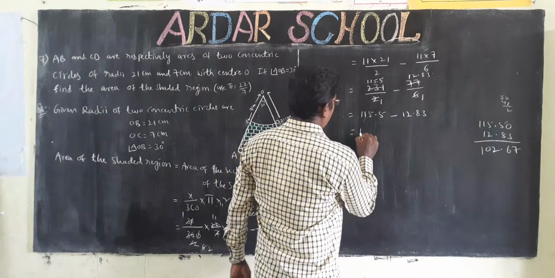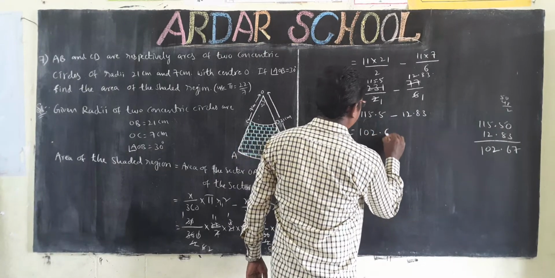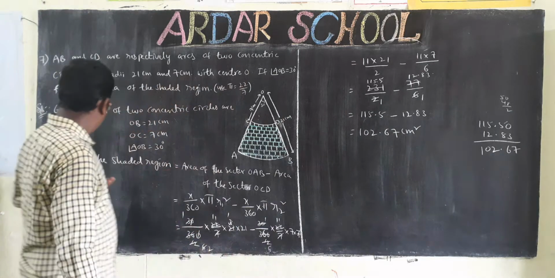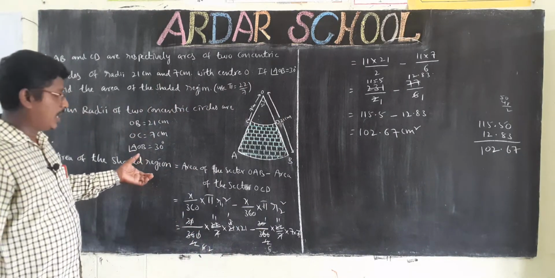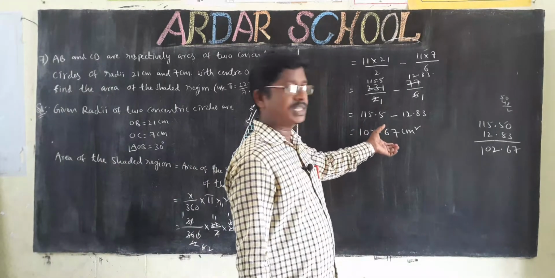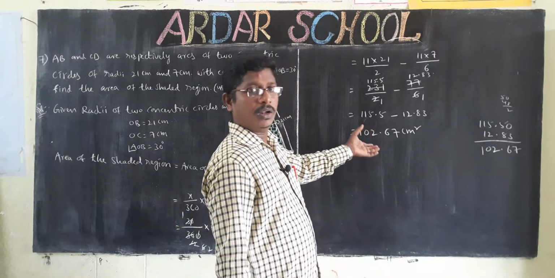That is 102.67 centimeters square. This is the area of the shaded region. Area of the shaded region is equal to 102.67 centimeters square. Okay, now I am going to the next sum.